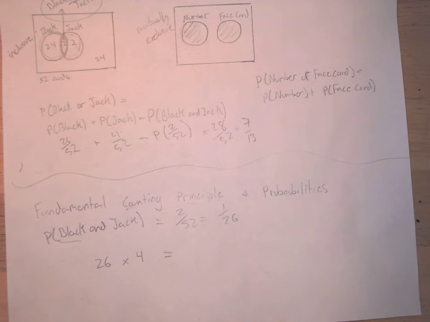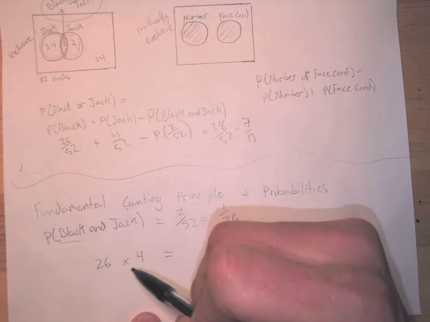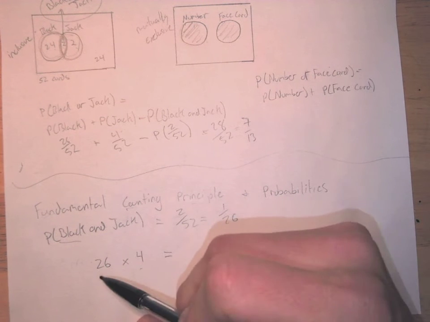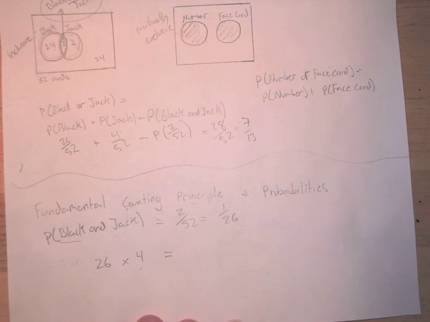So this is kind of like if we're talking about 2 different events, right? You pull a card out and it's black. You pull another card out and it's a jack. So right now we're kind of considering these as 2 separate events. We're not pulling a card once. We're pulling 2 separate occasions.